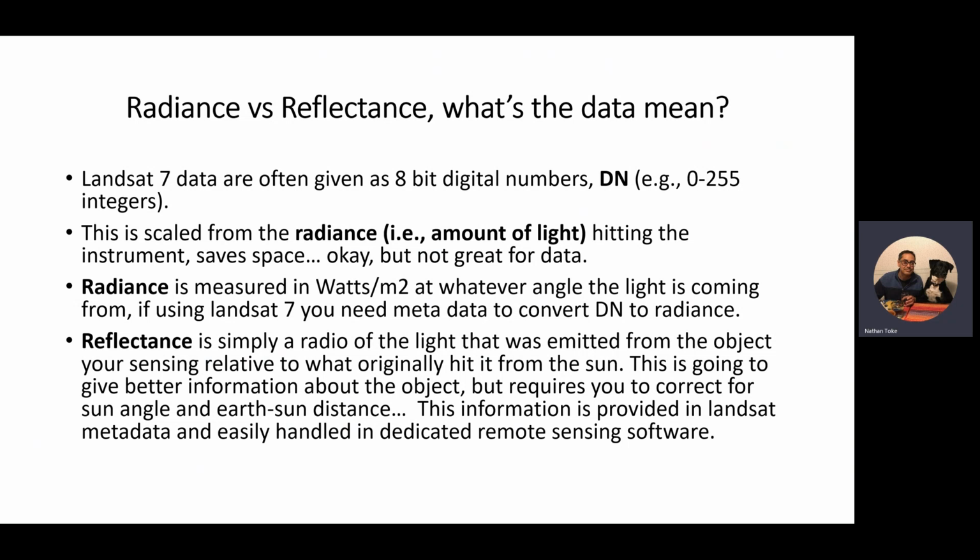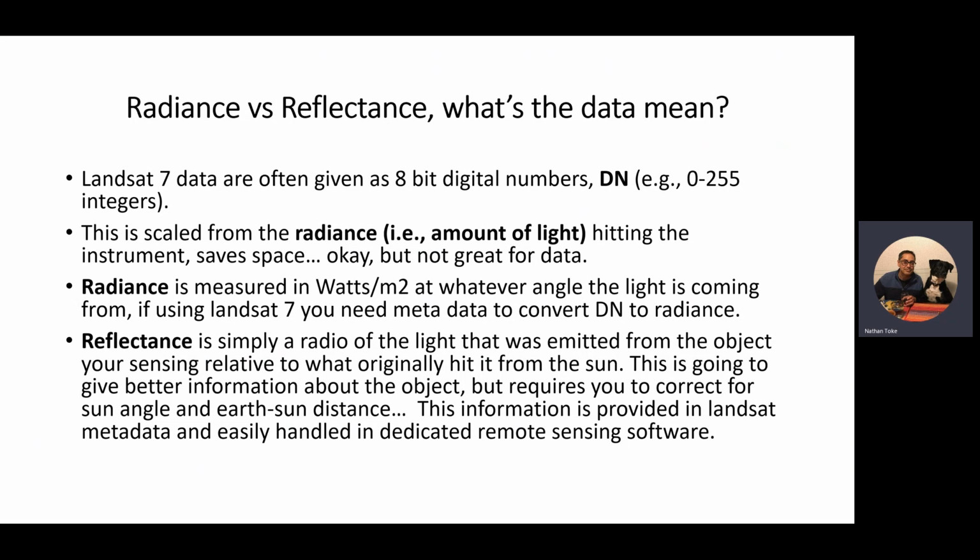So in order to convert these digital numbers to radiance, if we want to get at that quantitative value, then we need the metadata and we need to process it. And there are tools to do that within a lot of remote sensing platforms. Reflectance is simply a ratio of the light that was emitted from the object that you're sensing relative to what originally hit the object from the sun.